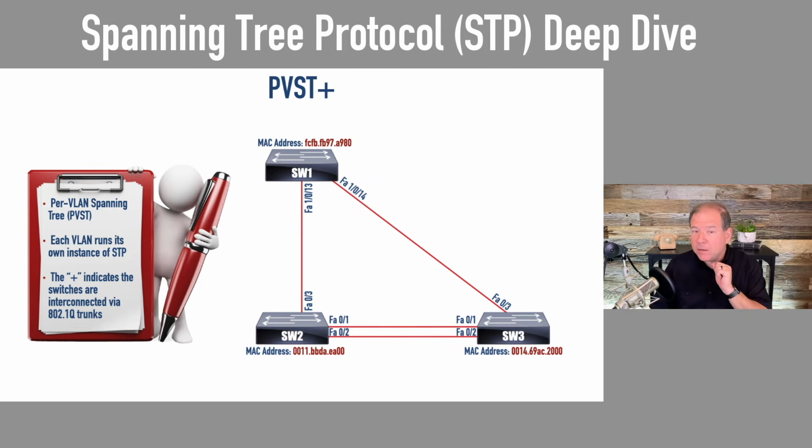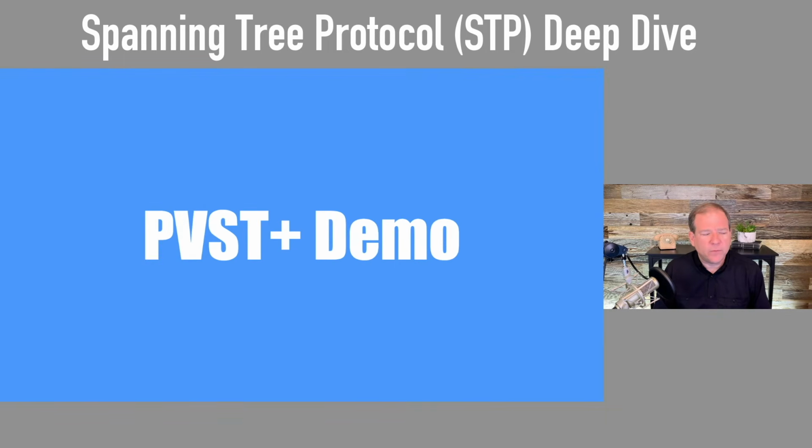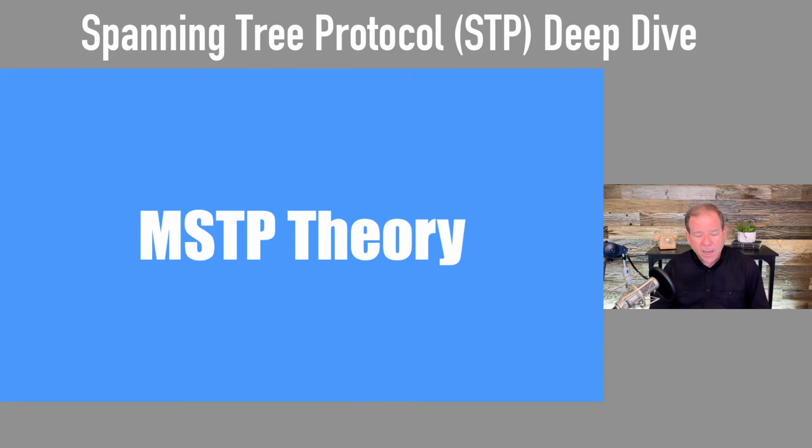But then the industry came along, the IEEE, and they said, okay, we get it. We get it that different VLANs might benefit from different versions of spanning tree or different spanning tree topologies. But what if we did this?